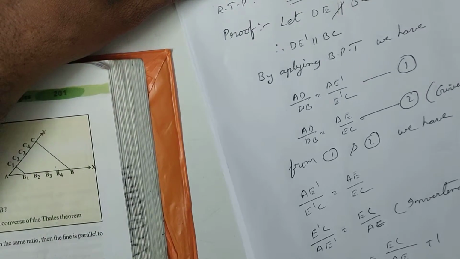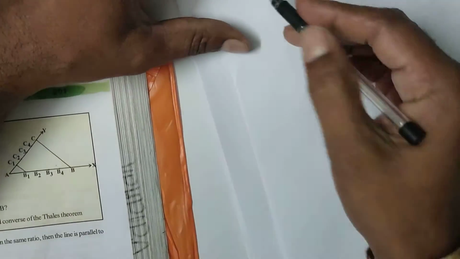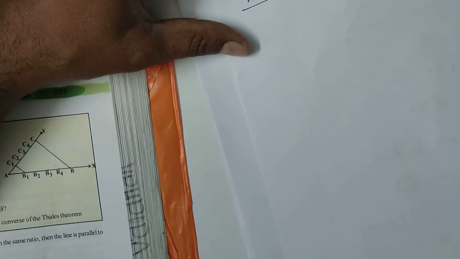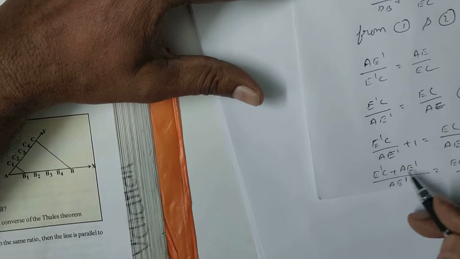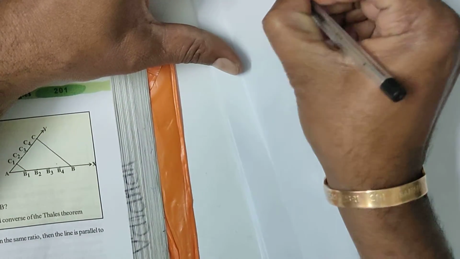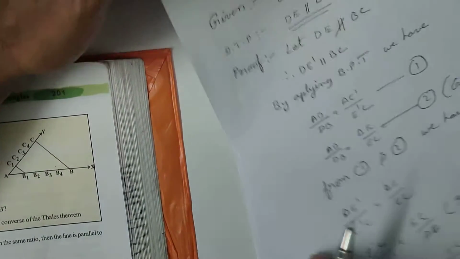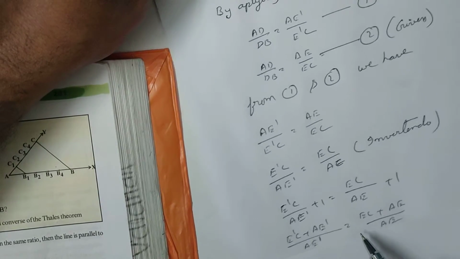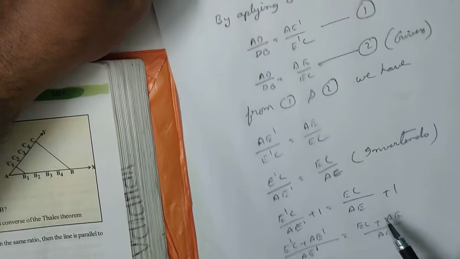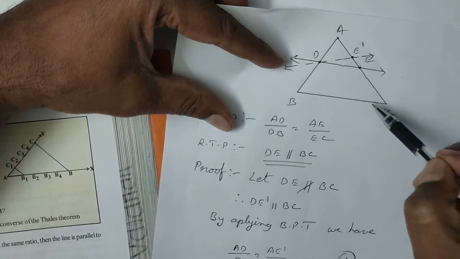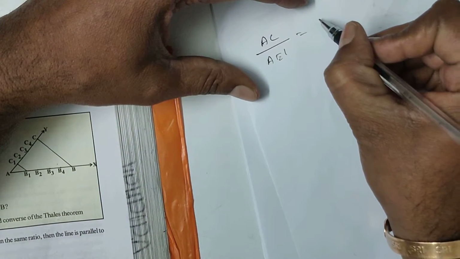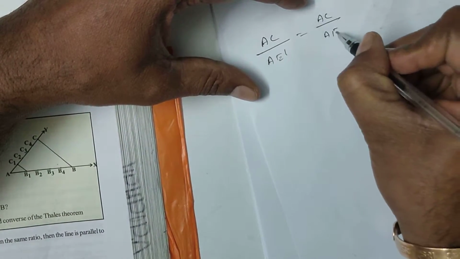So I am writing here AC by AE dash, the numerator E dash C plus AE dash written as AC, equals EC plus AE. See the figure again, EC plus AE, you can write AC. So we are writing here AC by AE.